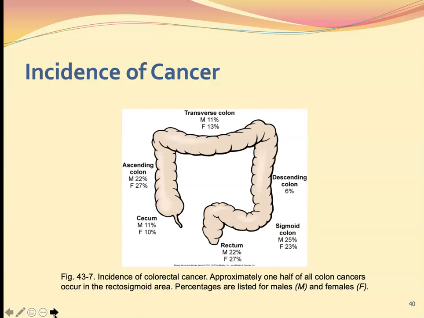Sigmoid colon, men 25% and females 23%. And then rectum 22% in males and 27% in females. And the cecum, males at 11% and females at 10%. Approximately 1/2 of all colon cancers happen in the rectosigmoid area.